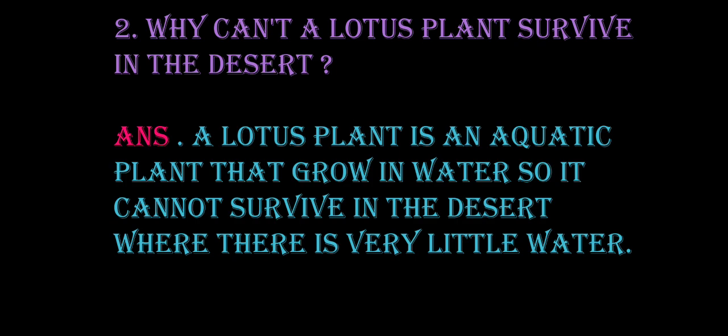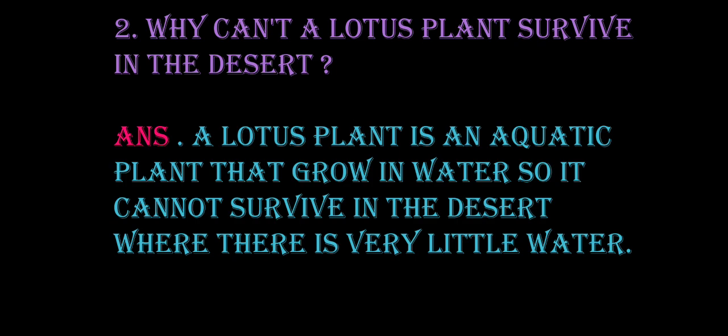As we know, the cactus plant is found in the desert, because in the desert there is very little water, so only the cactus plant is adapted to survive there.